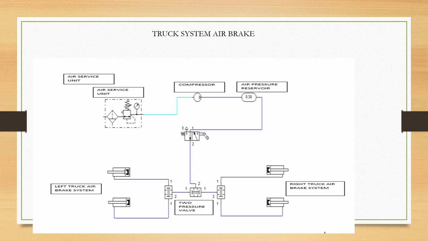Air from the air pressure reservoir will go through the pressure valve, whose function is to split the air from the compressor to the left and right air brake systems of the truck or the vehicle.